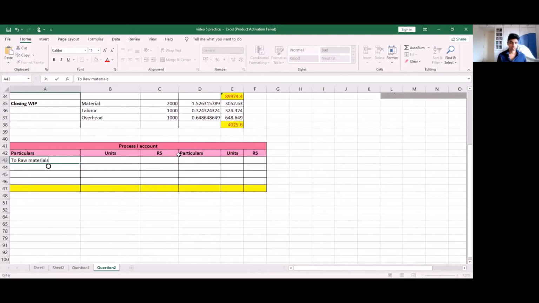So we have units as 40,000 and amount as 60,000. Then we have other expenses such as labor and overhead. So labor and overheads, we know that it amounts to 12,000 and 24,000.